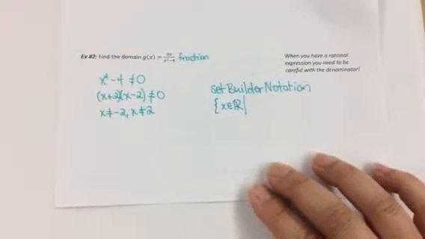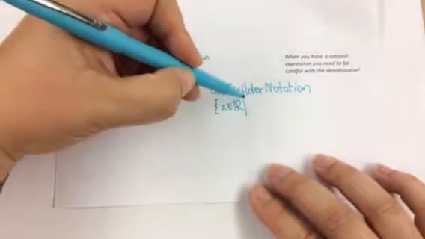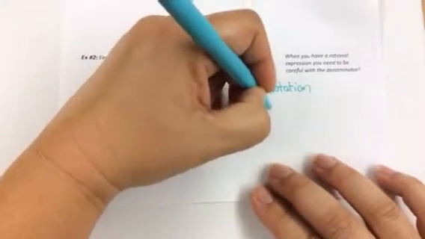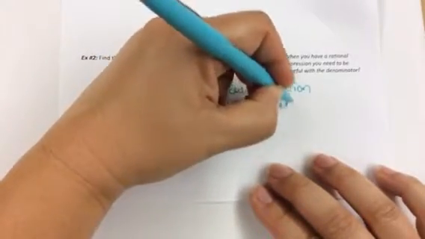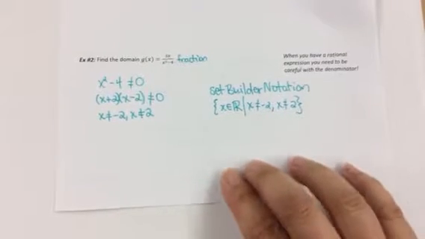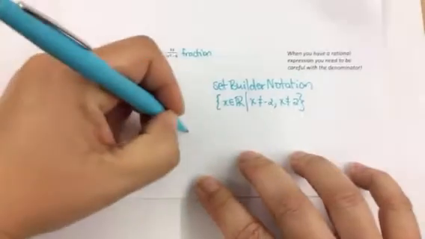These symbols are scary. X is an element of the real numbers such that x is not equal to -2 and x is not equal to 2. That's very formal. That's got scary symbols. I don't like that. So instead, I want to practice writing it using interval notation.